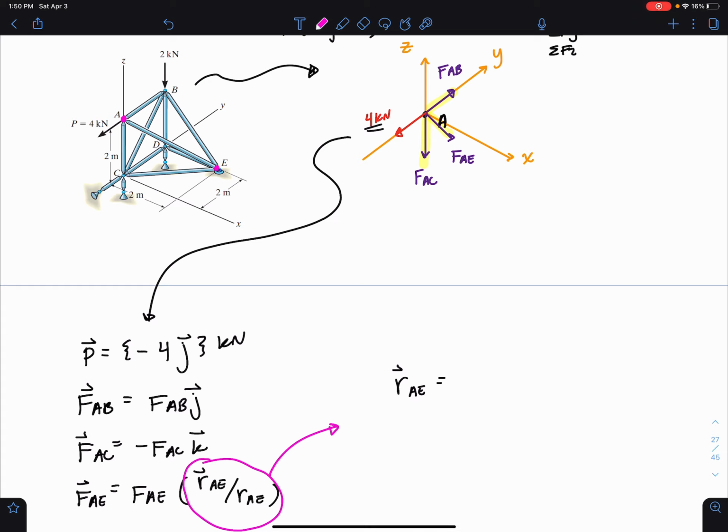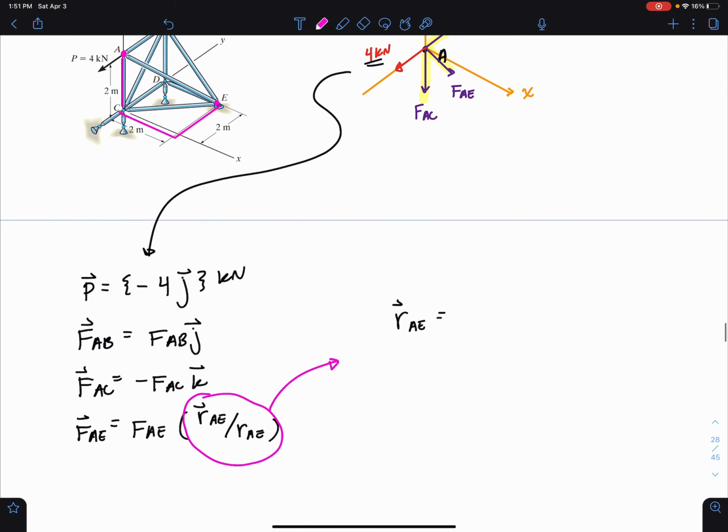If you see here, we have 2 going in this direction, and we have 2 going in this direction. So that would put us at a 1, 1, root 2 triangle, right? Or 2, 2, and then 2 root 2. So this would just be a 45-degree, 1, 1, root 2.